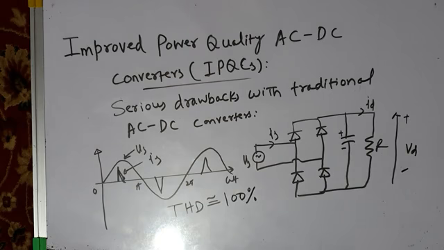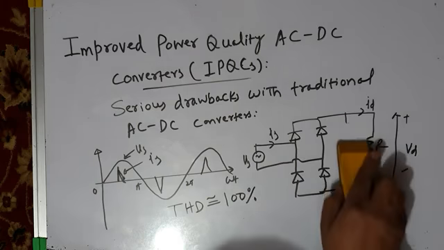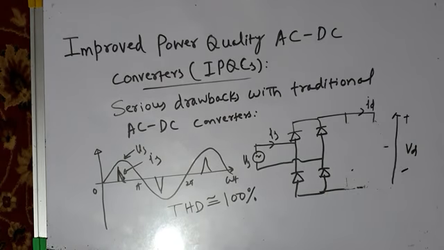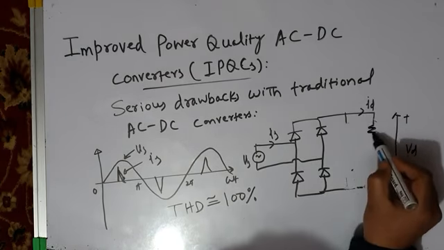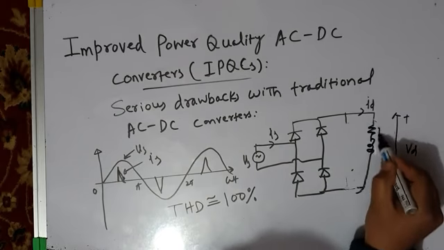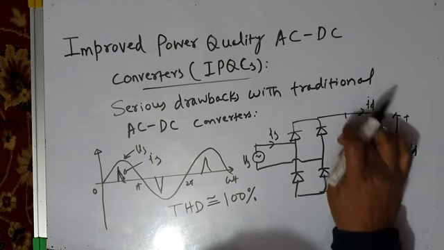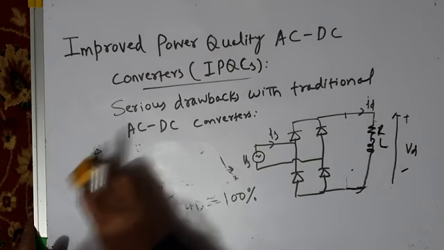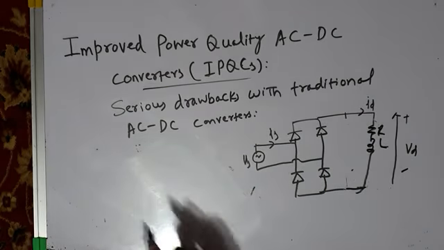Similarly, it depends upon the nature of load. If your load is not resistive, it is a highly inductive load, RL load, sufficiently inductive, with no filter capacitor, then what type of current will your rectifier draw from the source?